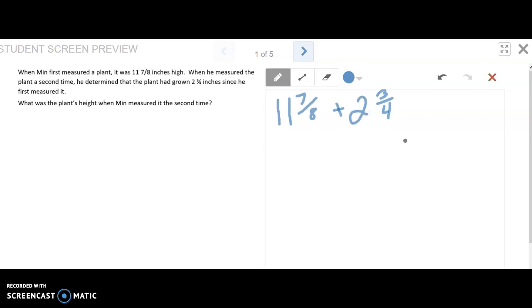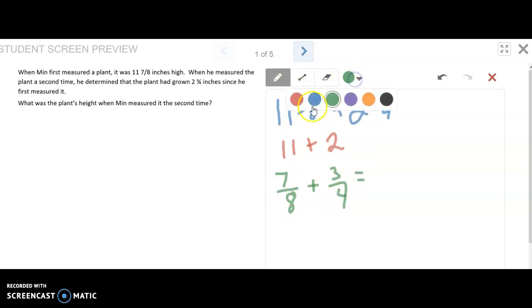And when we add them together, we want to look at the whole numbers together and the fraction parts together. So I'm going to split my problem into my whole number parts, 11 plus 2, and my fraction parts, 7/8 plus 3/4. And we're going to use what we know about adding fractions and apply it here.